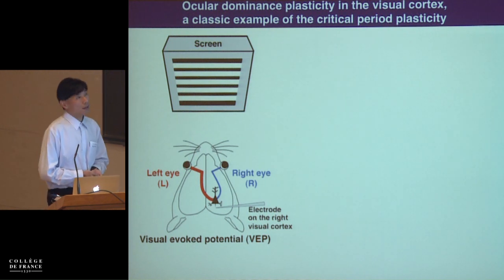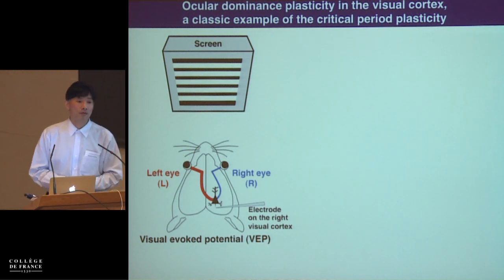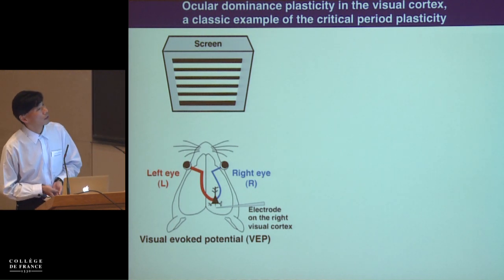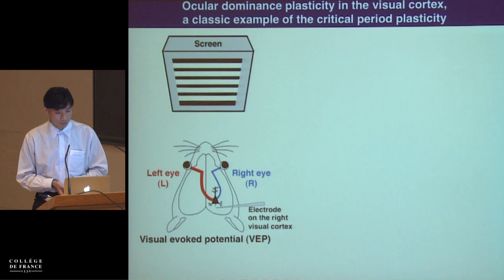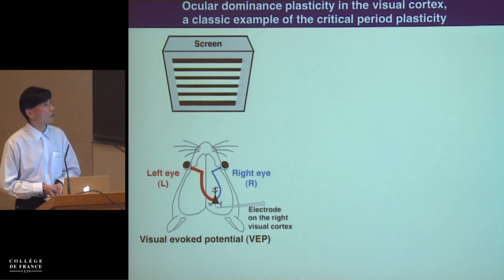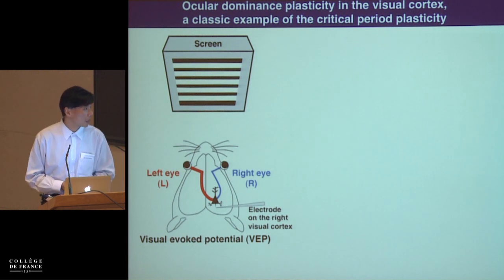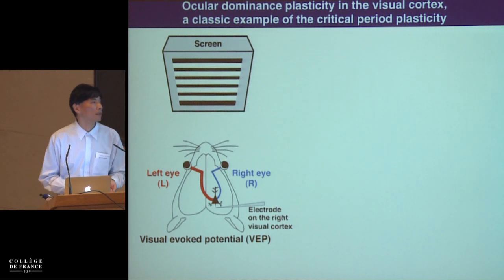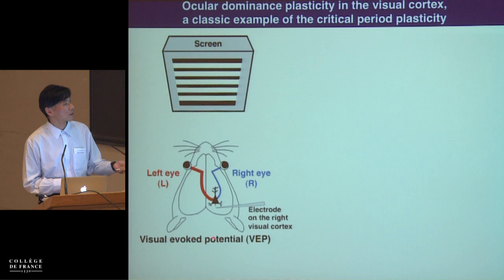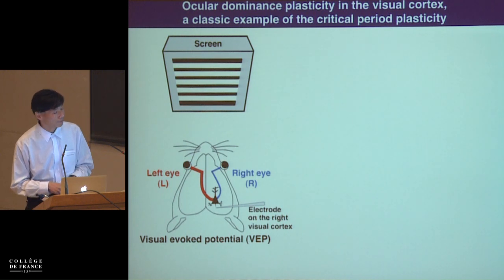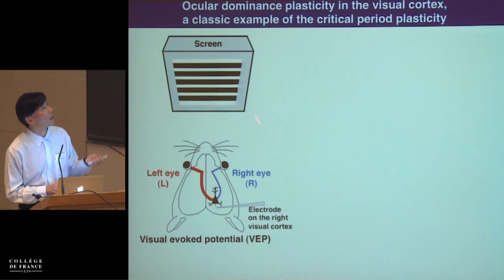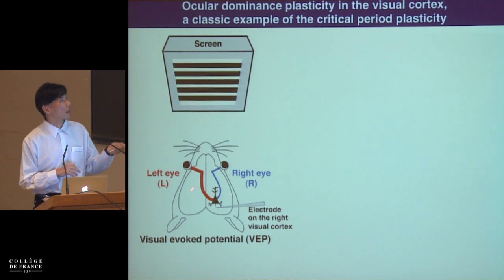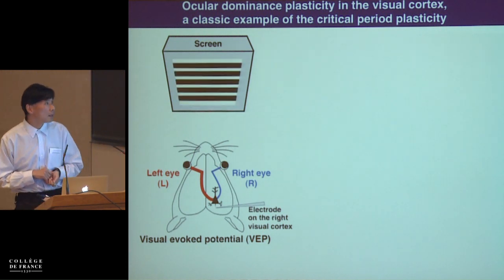Using these transgenic mice, we first examined ocular dominance plasticity in the visual cortex, a classical example of critical period plasticity. We measured the visual evoked potential, VEP, by placing an electrode on the right visual cortex and presenting a black and white stripe pattern alternately to the left and right eyes.